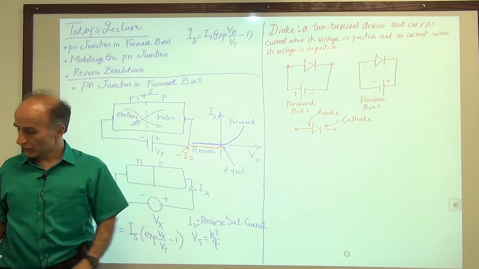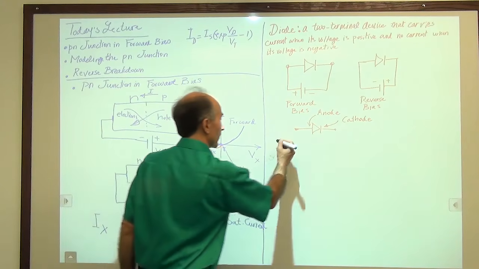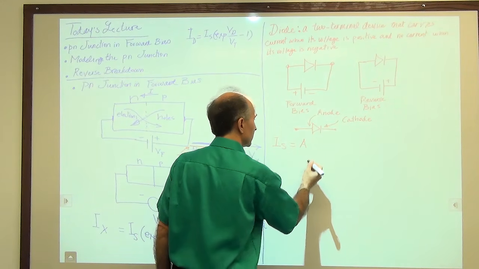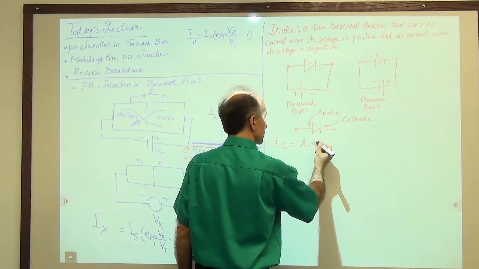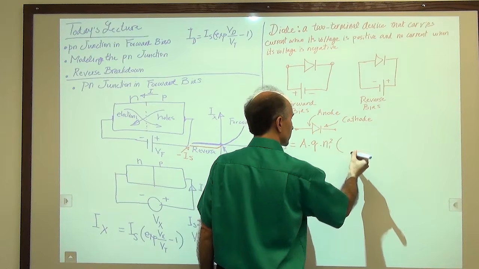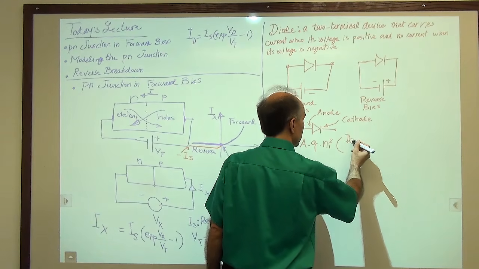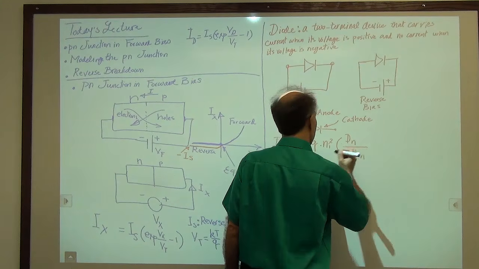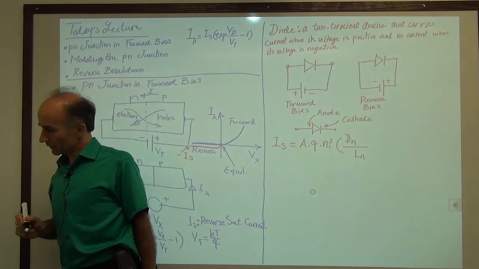So let me write the equation for IS. IS is like this: A times q times ni squared multiplied by Dn over Ln. I don't remember these equations very well.